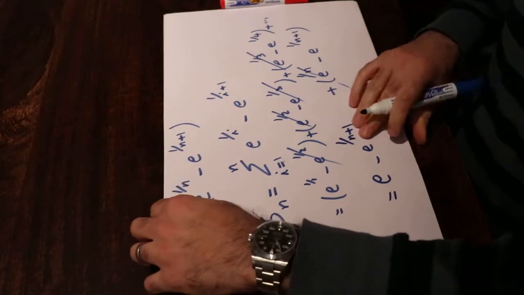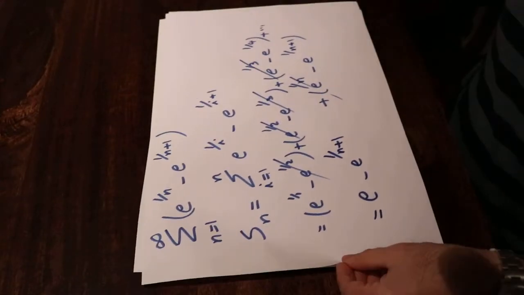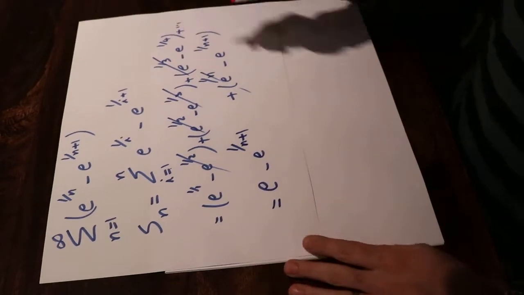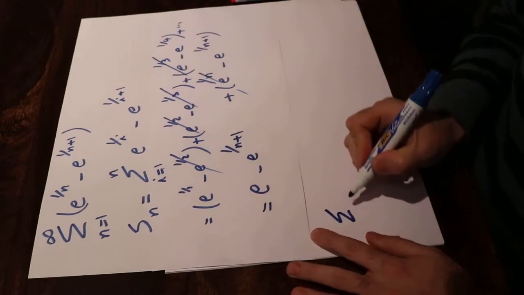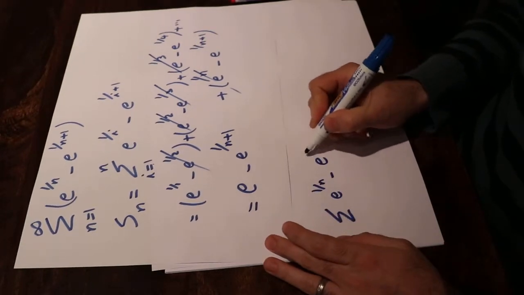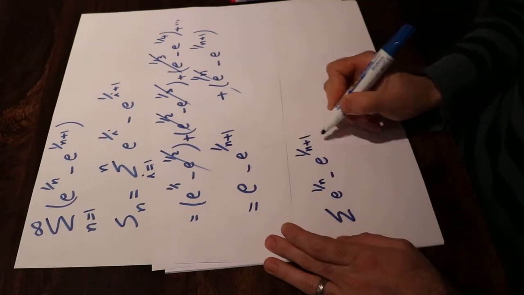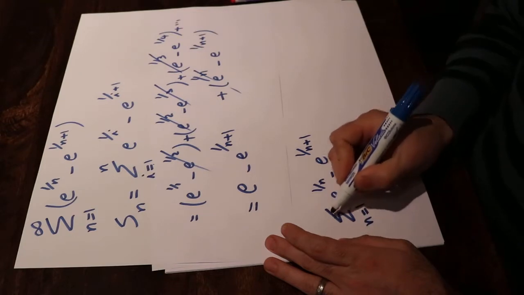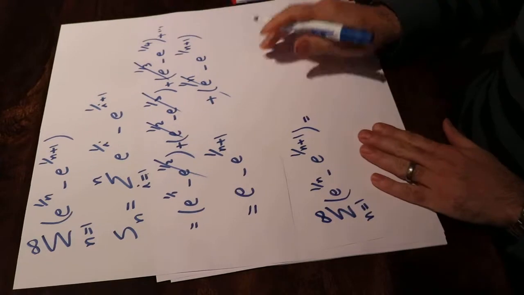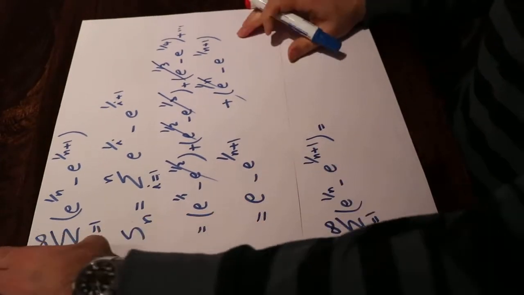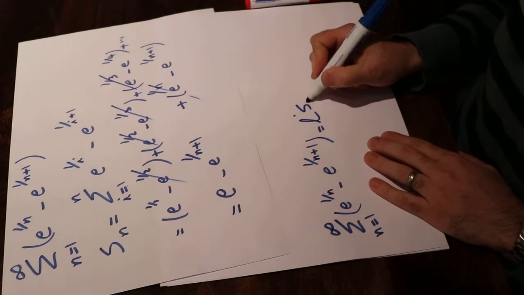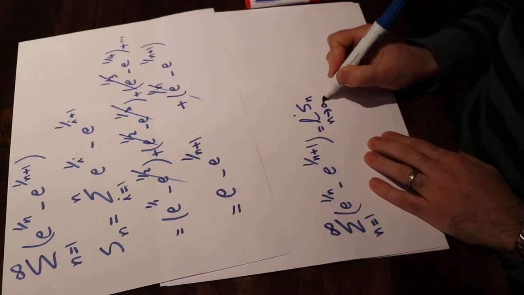Okay, so now we can write that this series, the sum of e^(1/n) minus e^(1/(n+1)) when n changes from 1 to infinity, is equal to the limit of Sn when n goes to infinity.